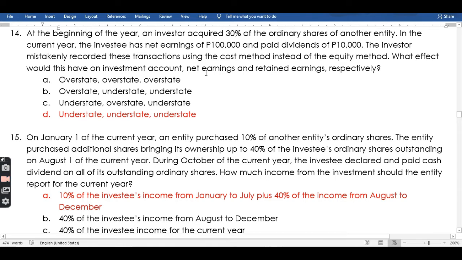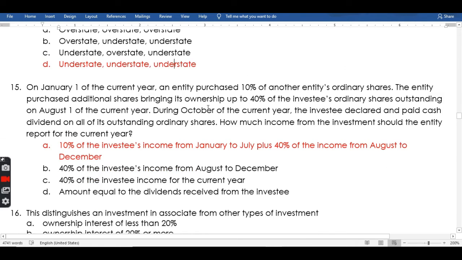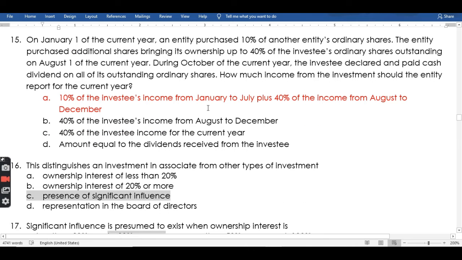Anong mangyayari sa earnings mo? Yung earnings natin will be understated din kasi instead na 30,000 yung papasok na earnings, 10,000 lang yung na-recognize mong earnings. So, kulang ka ng 20. Ganun din yung retained earnings kasi yung effect niya sa ating net earnings, yun din yung effect niya sa retained earnings during the period. So, understated din. So, letter D.